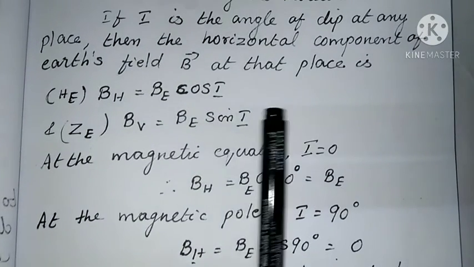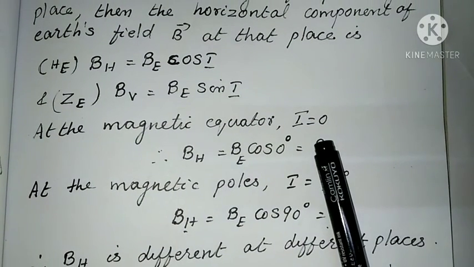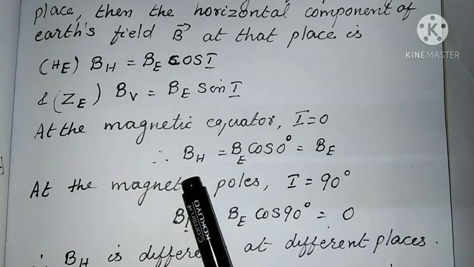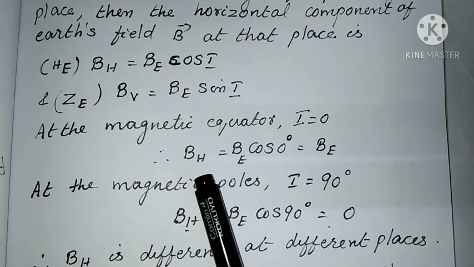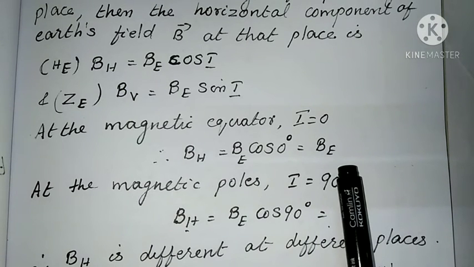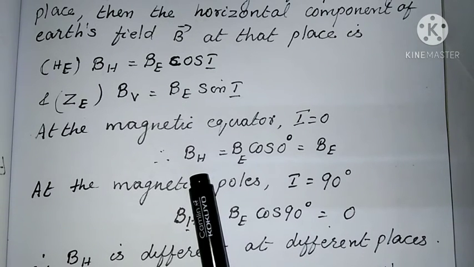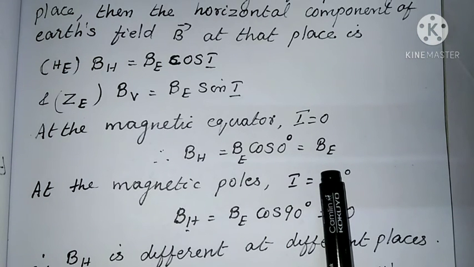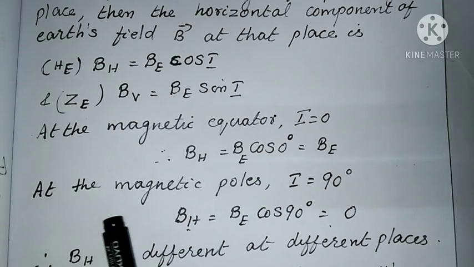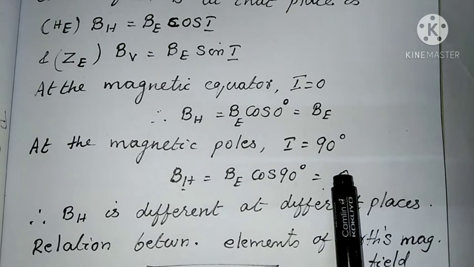At the magnetic equator, if the angle of dip is 0, then we can write the horizontal component BH equals BE cos 0 equals BE. So, at the magnetic equator, the horizontal component of the Earth's magnetic field is equal to the total magnetic field of the Earth. Then, at the magnetic poles, the angle of dip equals 90 degrees.